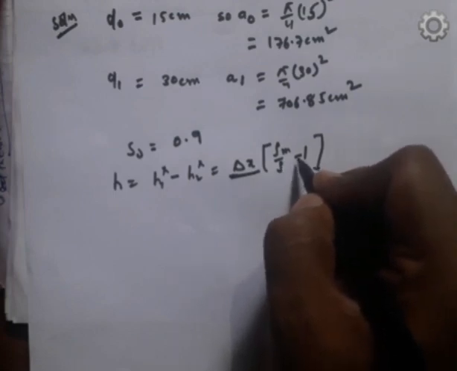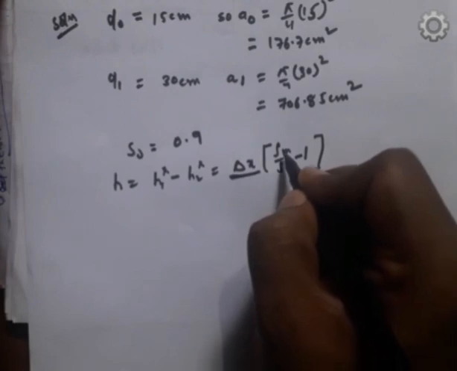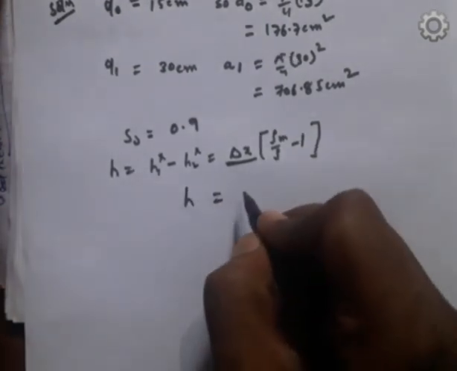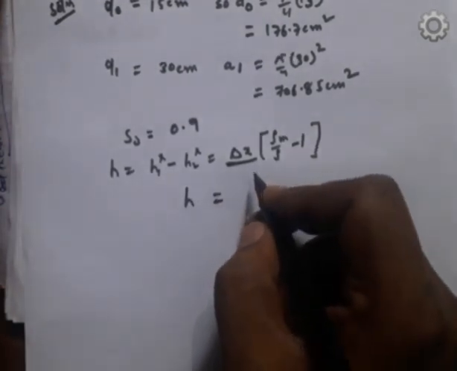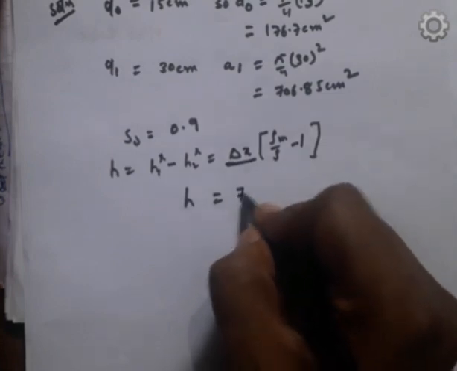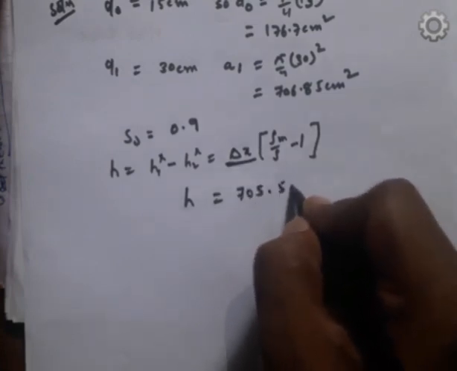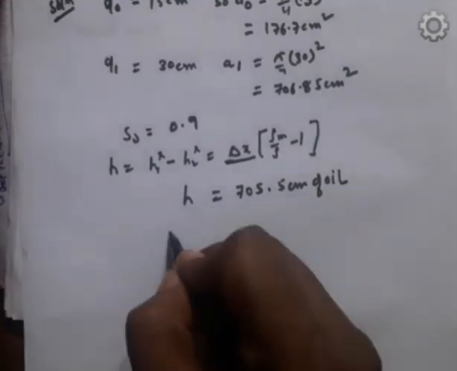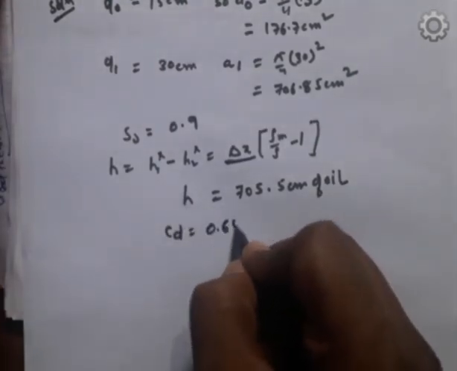Because here the manometric fluid is mercury, if we put all these values, then we get H is equal to 705.5 centimeter of oil. Now CD is given as 0.64.